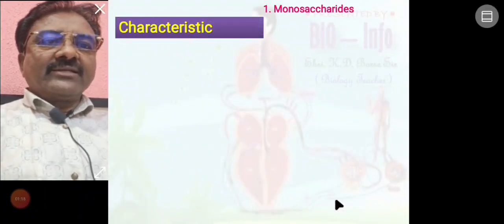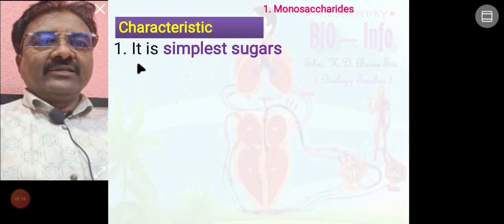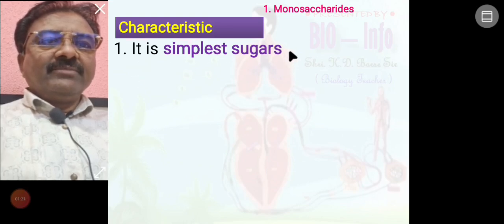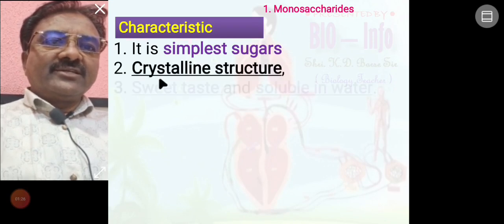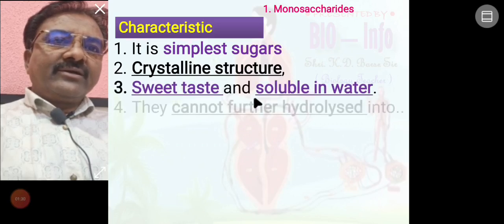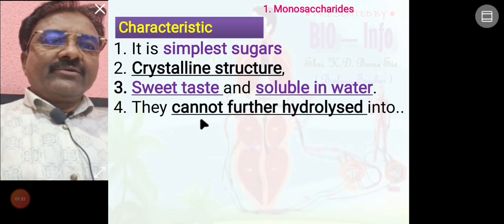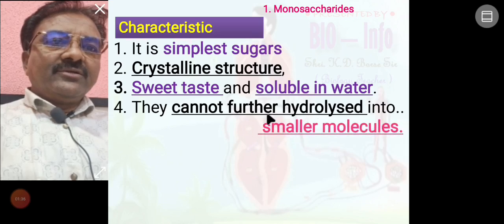What are the characteristics of monosaccharide? Monosaccharide is the simplest sugar, with crystalline structure, sweet taste, soluble in water. They cannot be further hydrolyzed into smaller molecules.